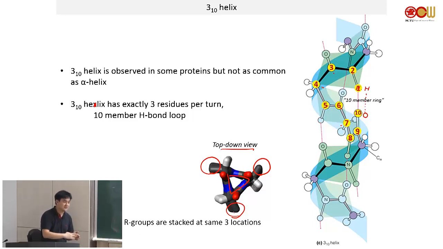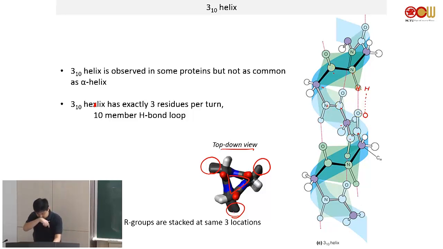So your R groups are going to be stacked at 3 positions, essentially like the 3 corners of a triangle. So immediately you can think, if you have bulky R groups, this is not going to be a good thing because the bulky things tend to hit each other.